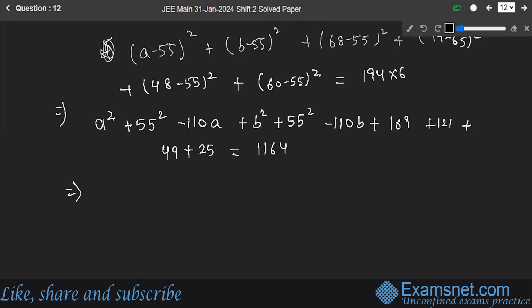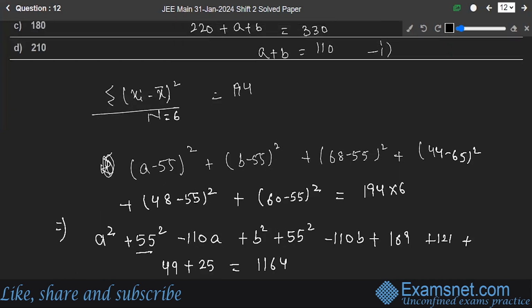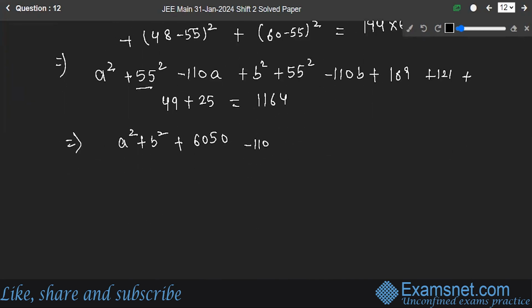Or this will be A square plus B square. 55 square, this is 3025. So 3025 plus 3025, this is 6050. Right, and minus 110 times A plus B. What was A plus B? It was 110 only.